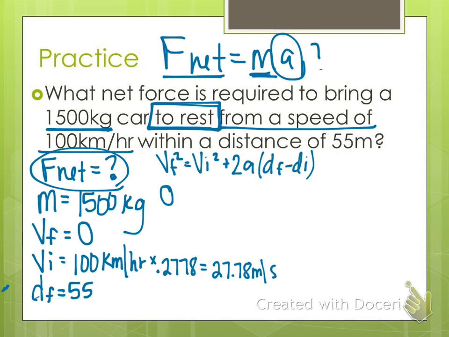Okay, so 0 squared equals 27.78 squared plus 2A times 55.